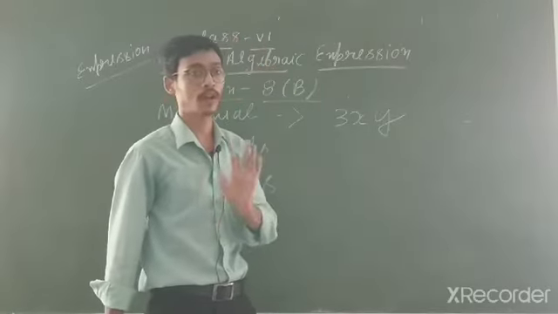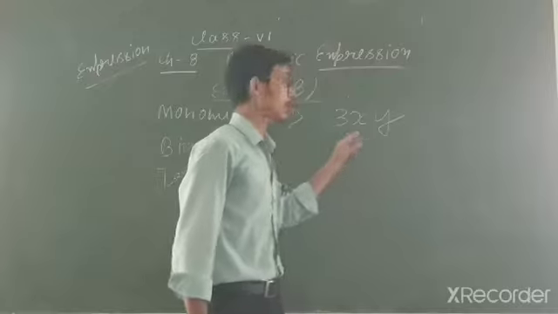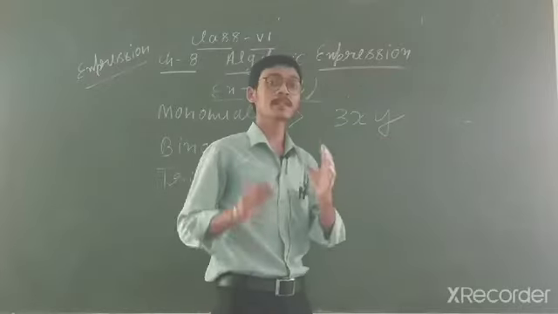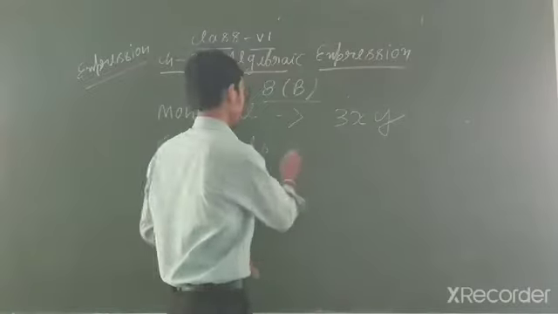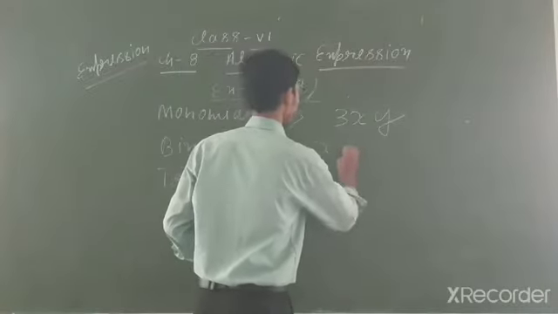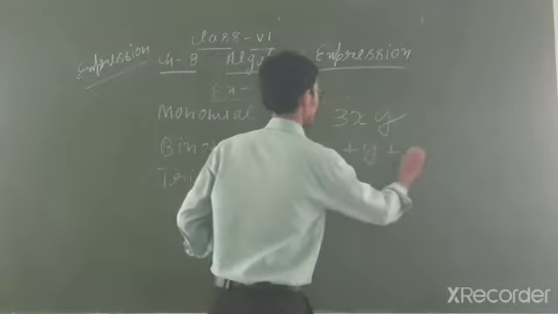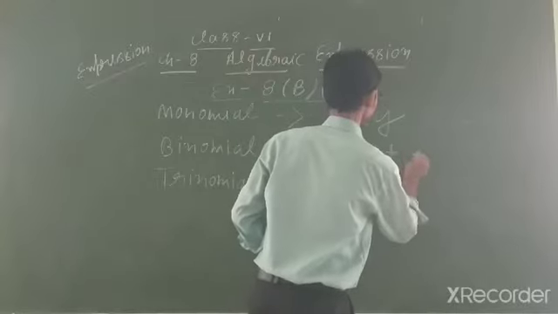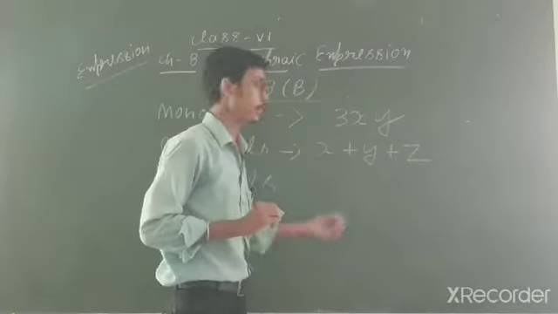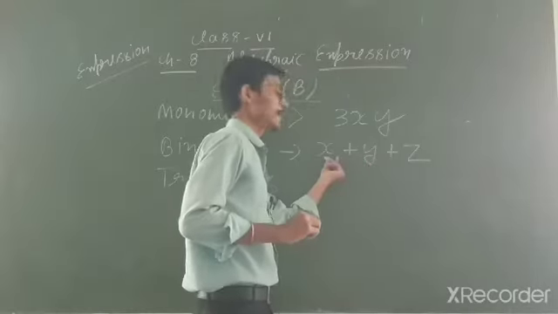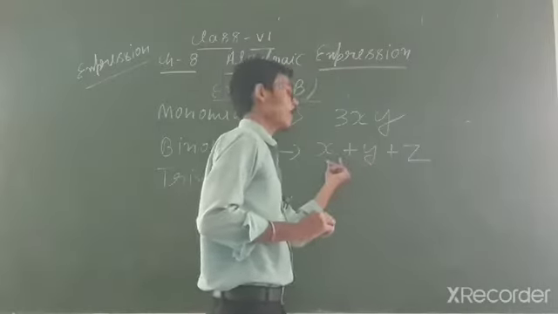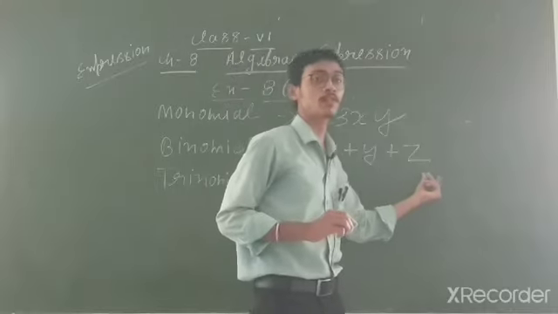But no student, you are wrong. Multiply is given, no? If you are writing 3xy, it means this is a combination, this is only one. If you are writing x plus y plus z, this is your trinomial because plus sign is given, you will count each one different.